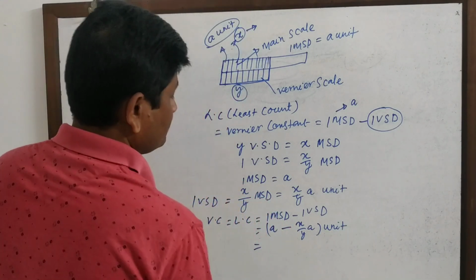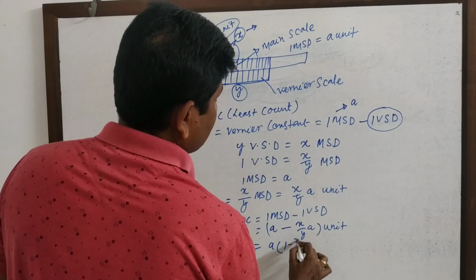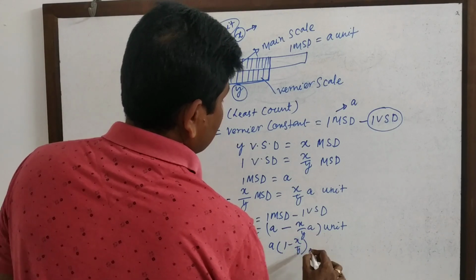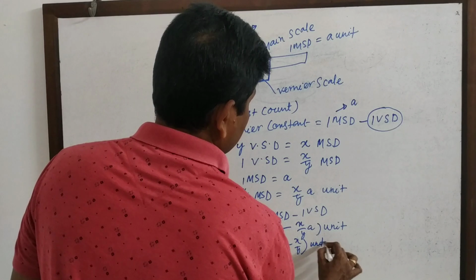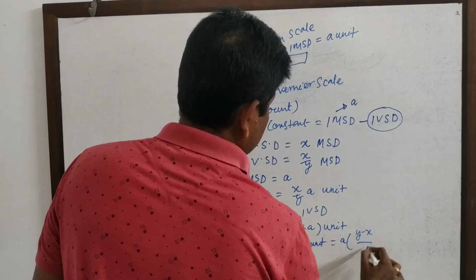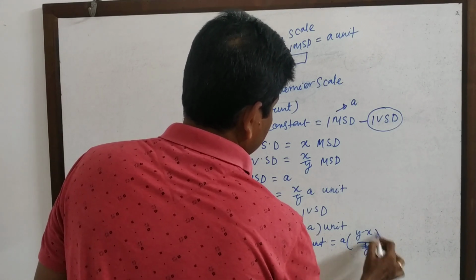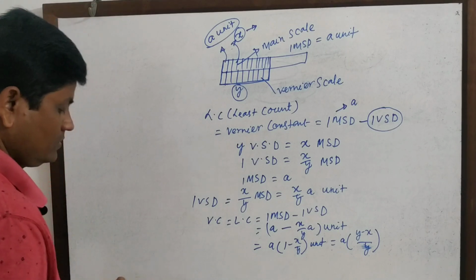This is equal to A into 1 minus X by Y unit, or equal to A into Y minus X by Y.